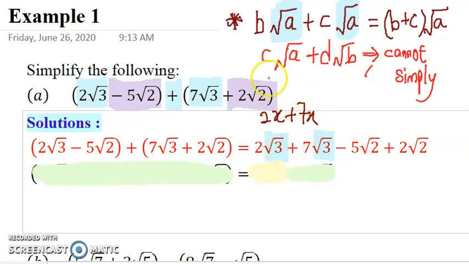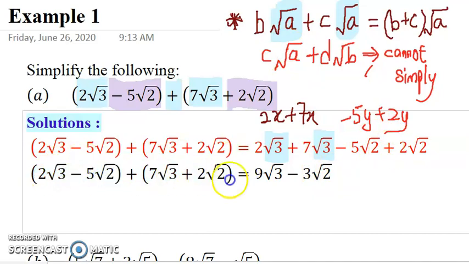So it turns out to become 9x, and in this case, 9 square root of 3. Similar idea for the other part, as if negative 5y plus 2y. When I simplify, I get negative 3y. And therefore, this is the answer we have for A.